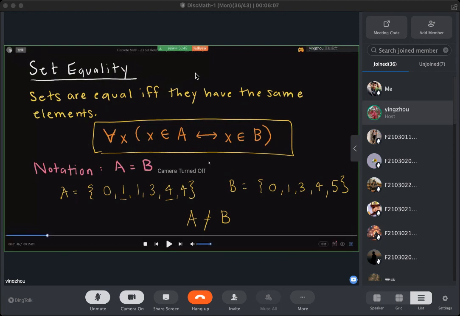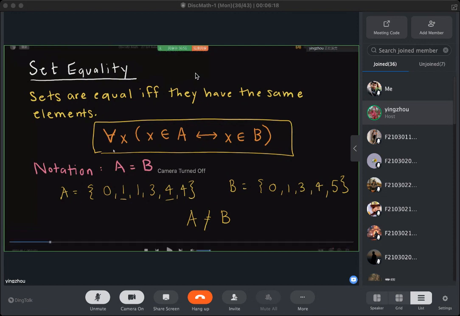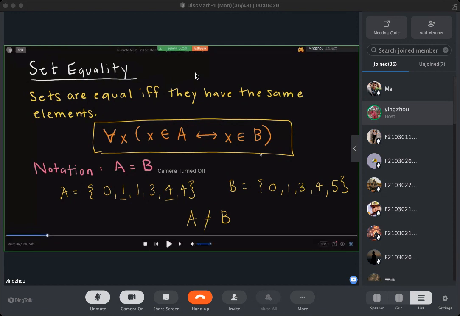So just from this logic expression, we can make the computer understand why A and B are equal or not equal, just based on this logic expression.